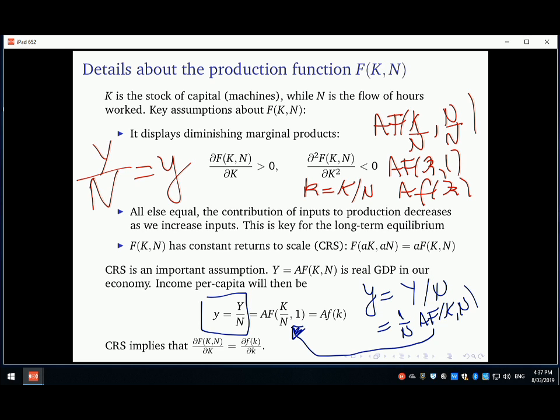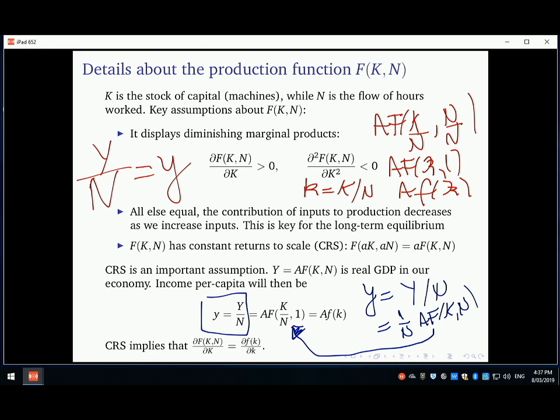But income per person is income per capita, it's the same. Or income per capita is referred to as income per person. The distinction is income per worker or GDP per worker.